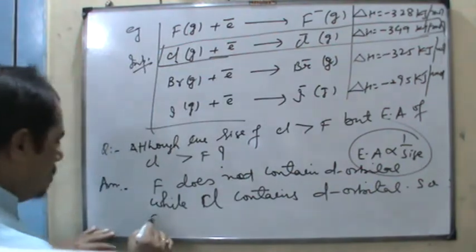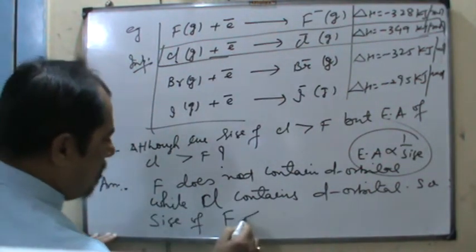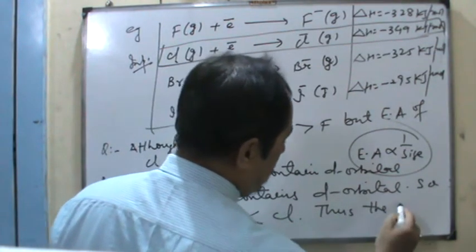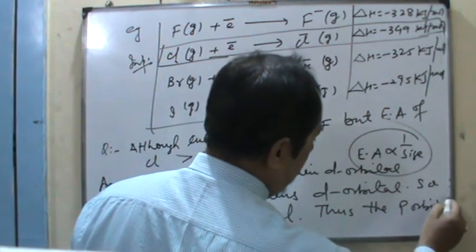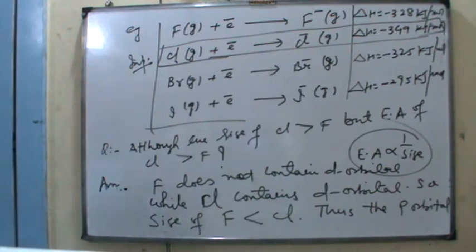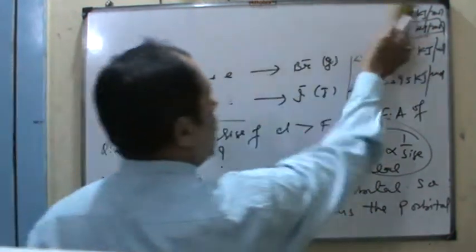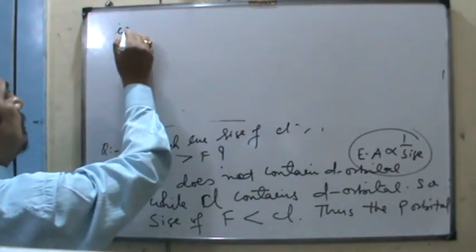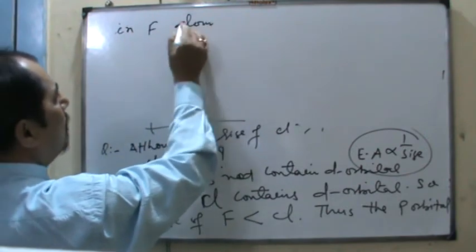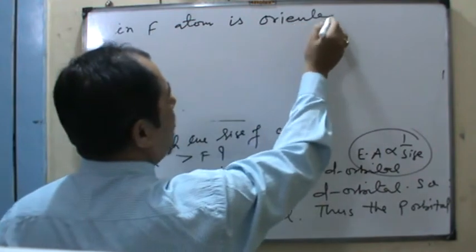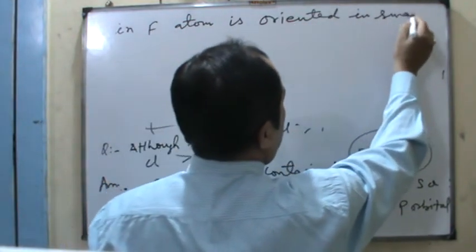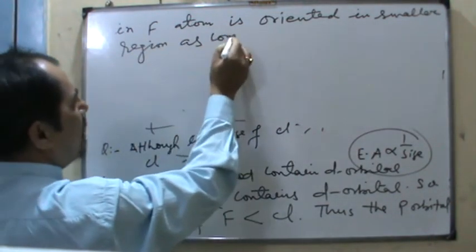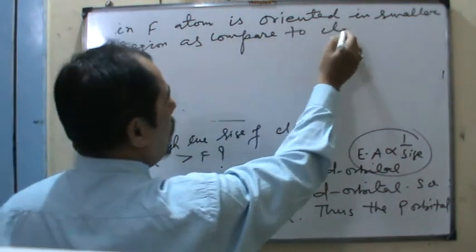So the size of fluorine is smaller than chlorine, thus the p orbital in the fluorine atom is oriented in a smaller region as compared to chlorine.